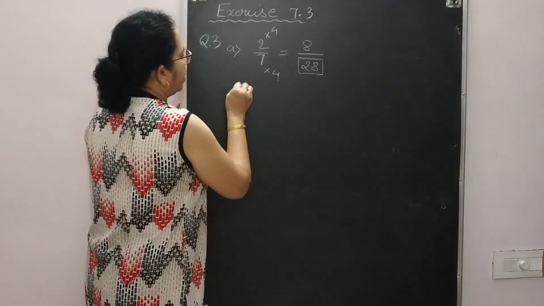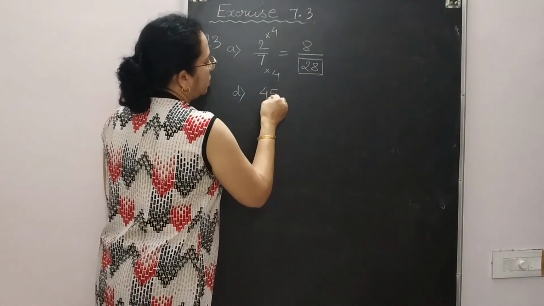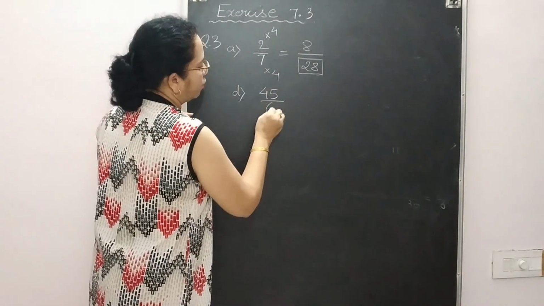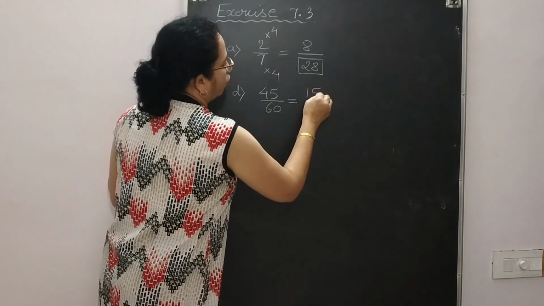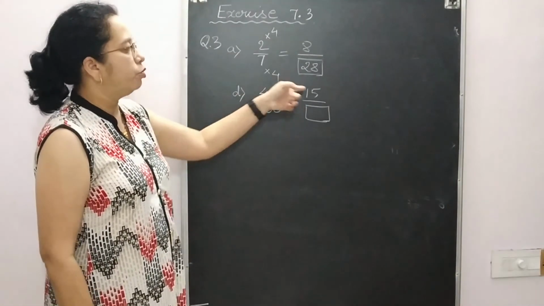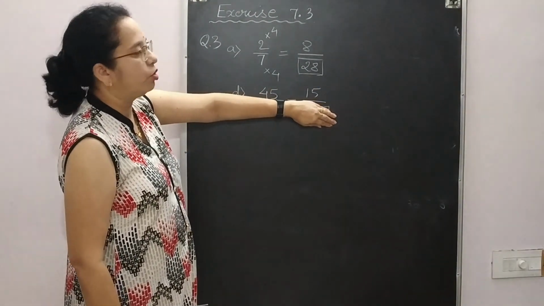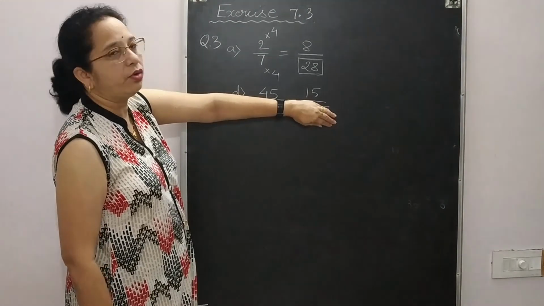Let me take one more example. As I said, I will not solve all the sums. So few different types of questions I am solving. 45 upon 60 is equal to 15 upon, again fill up the blank, what will come? Two numerators are given, so hide this denominator. What is the relation between 45 and 15?